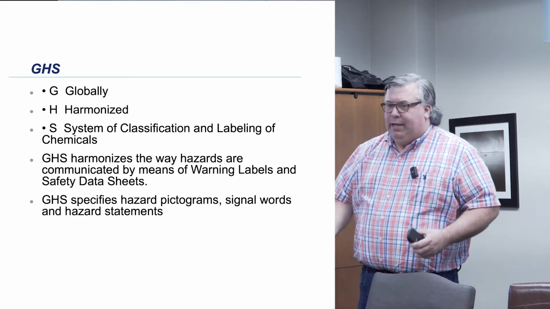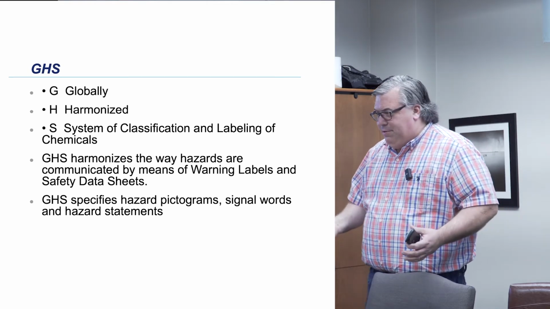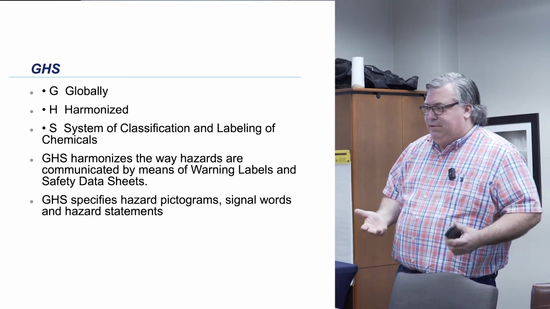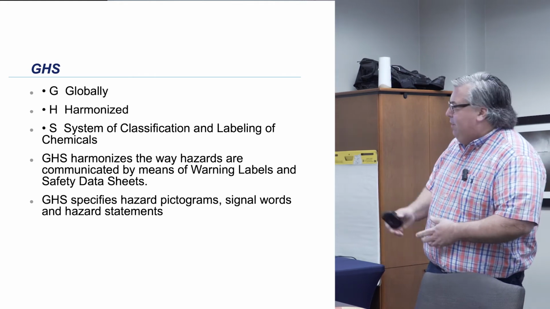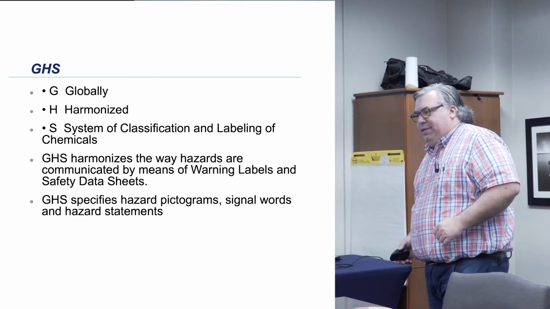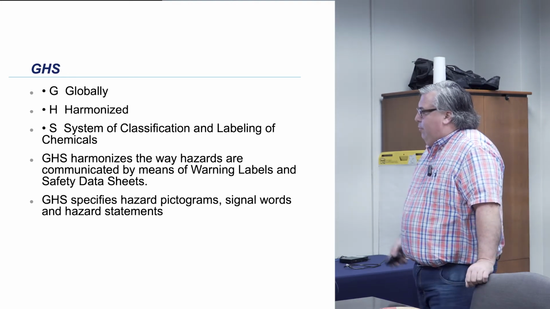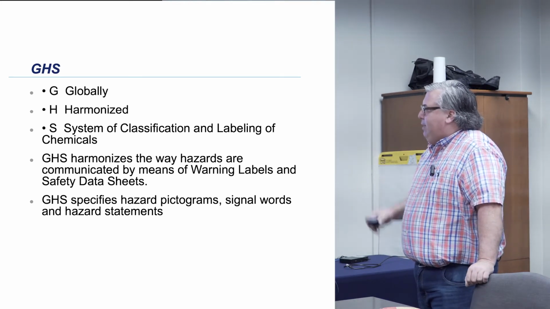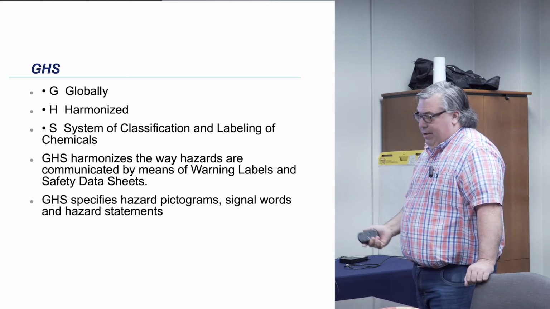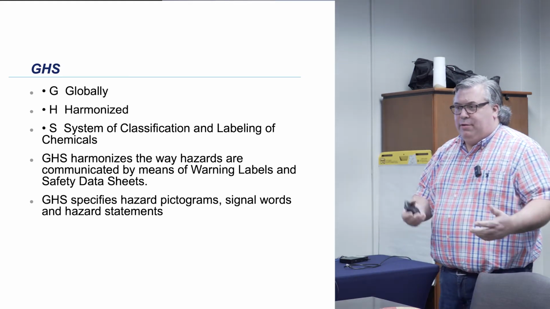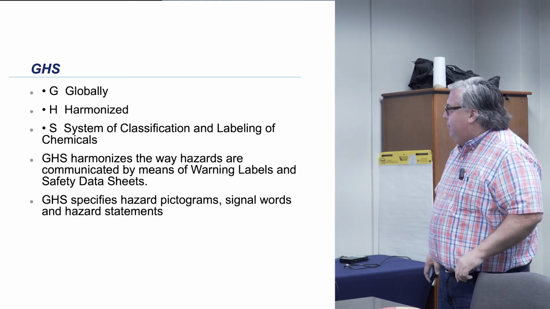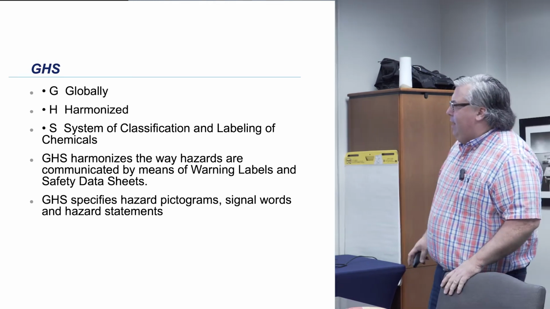Again, they would potentially be in a different language than English if English is not the major spoken language there, but the label will look exactly the same. One of the reasons that works well is that they use hazard pictograms, so pictures that tell you a little bit about that chemical. This also uses signal words and hazard statements.